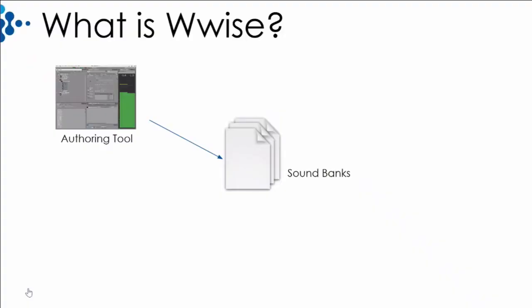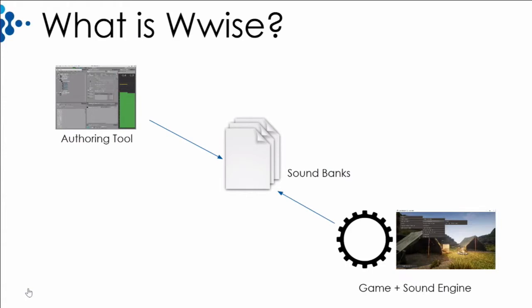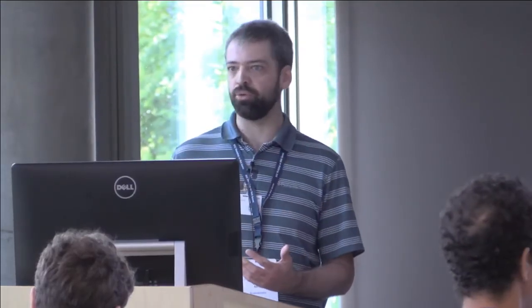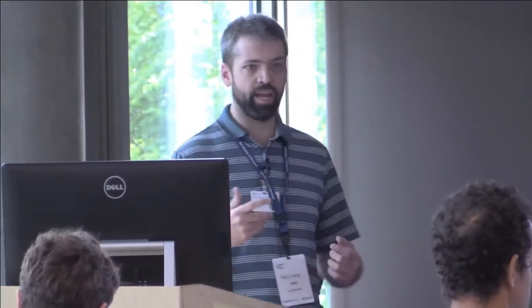And this authoring tool then generates a series of files called sound banks, and these sound banks need to be packaged with the game. And the other big part of Wwise is an SDK, a C++ SDK, that is integrated in the game by the game programmers, either standalone or via a game engine like Unreal and Unity. And this SDK comes with a sound engine that can read the sound banks and actually execute the audio in the game.